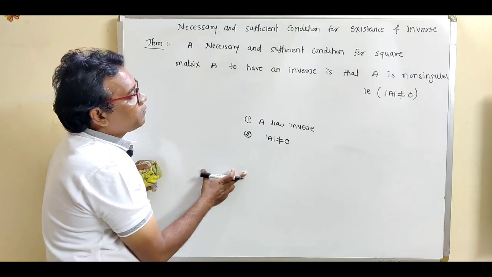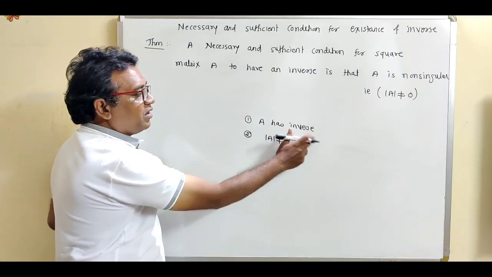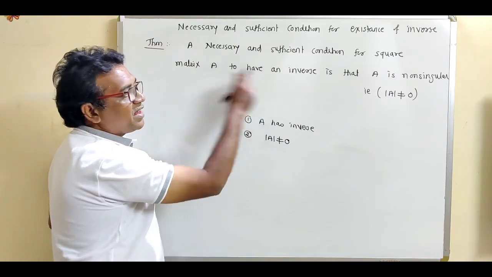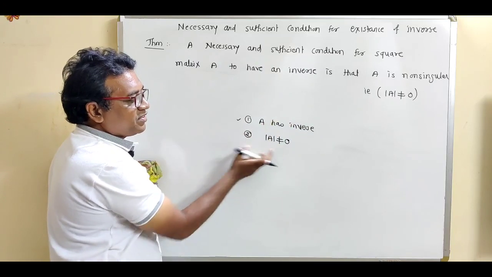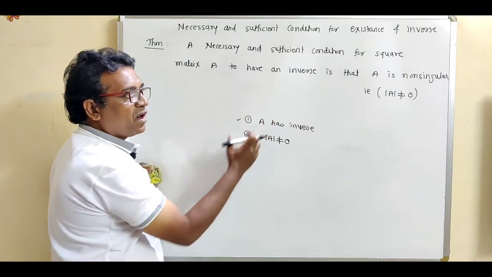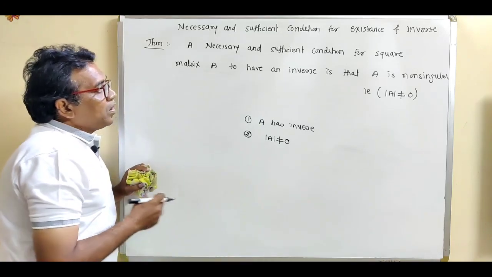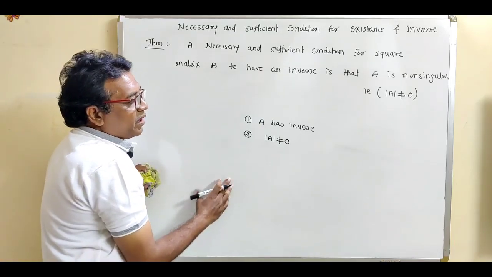So what is the first part? The matrix A has inverse. And what is the second part? Matrix A is a non-singular matrix. Now see what is the necessary part.